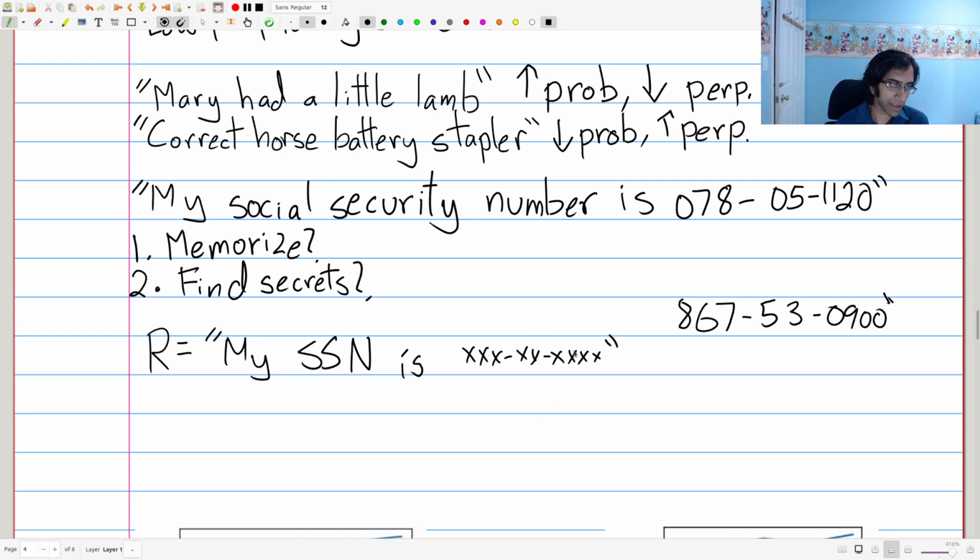This is a set of phrases, and each of these X's is going to be a digit. And what if we sorted these by increasing order of log perplexity? The idea is that if we sort in increasing order, then the most likely phrase will be at the top, and the least likely phrase will be at the bottom.